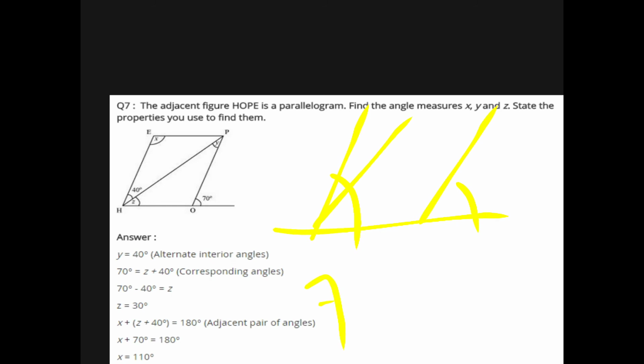So we can say 70 is equal to z plus 40, by which property? By corresponding angle property. Okay. So when 40 goes to this side, this will become 70 minus 40, which is 30 degrees. So what is the value of z? That is 30 degrees.